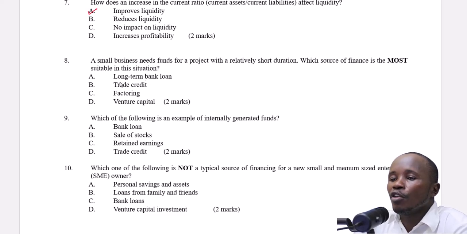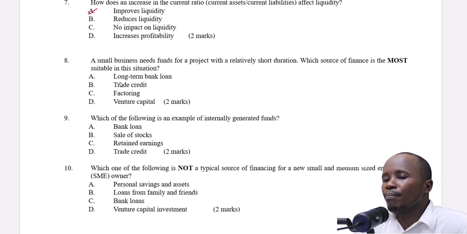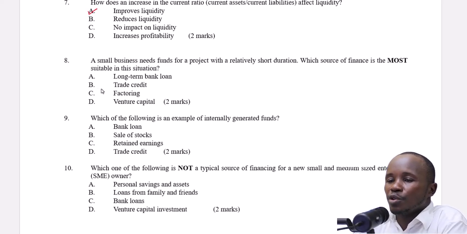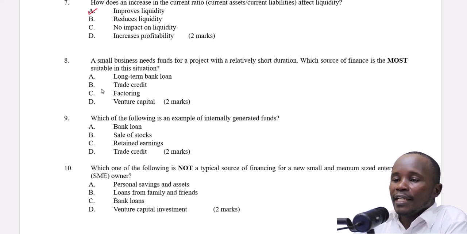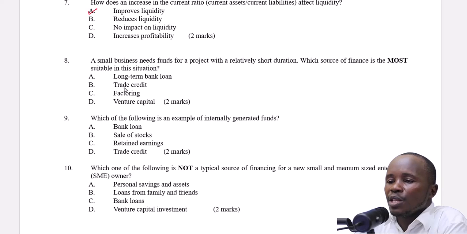When you say long-term bank loan, basically those are not meant for short term. So you rule out that one. Trade credit. What happens with trade credit? Trade credit is where a supplier gives you items or goods to go and sell without you necessarily paying for them.